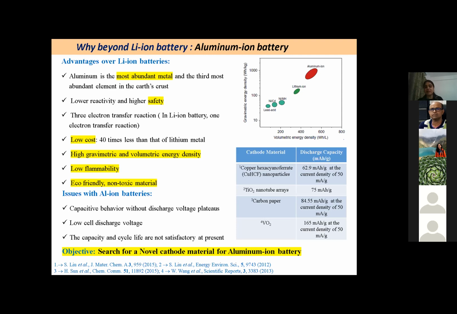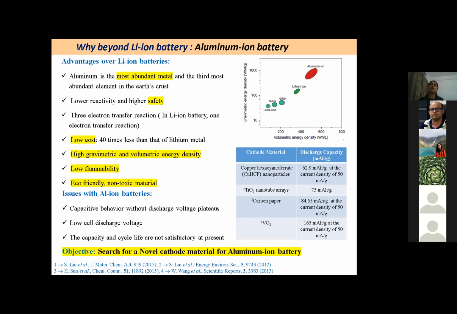In a capacitor, ions can adhere and go back and forth like that. But when the ion intercalates into the system, it shows a charge plateau at a certain voltage.